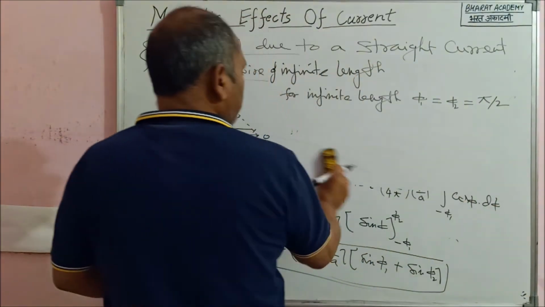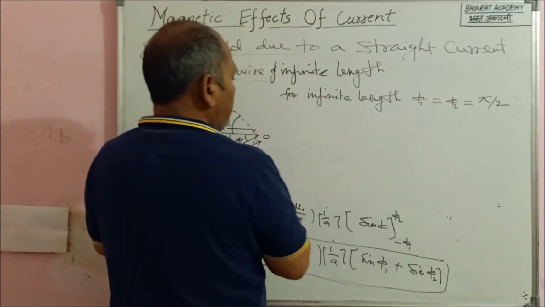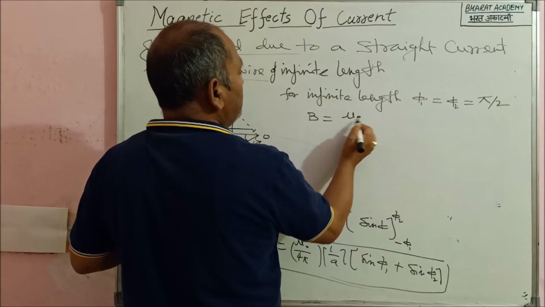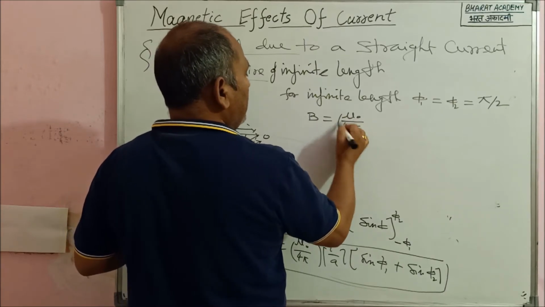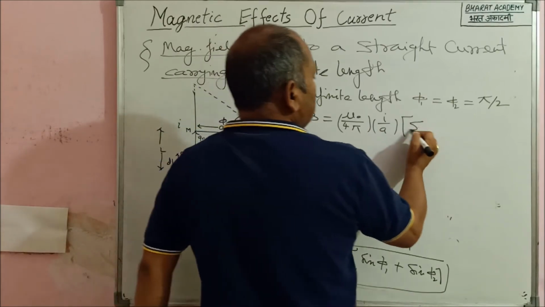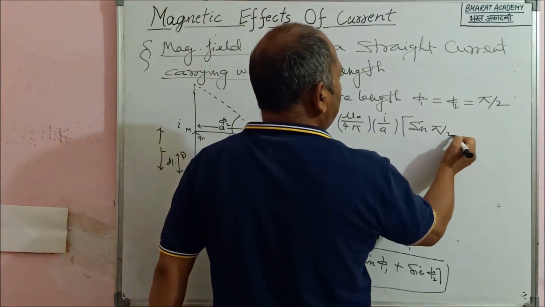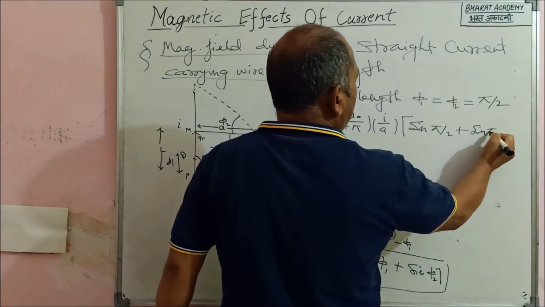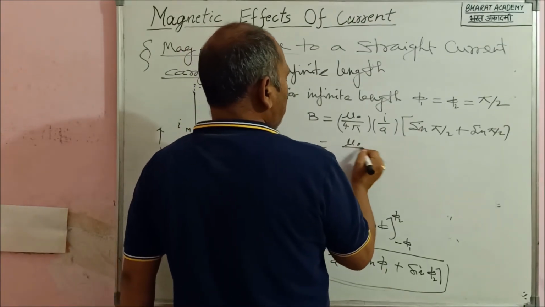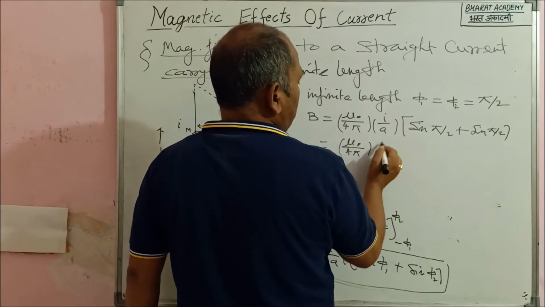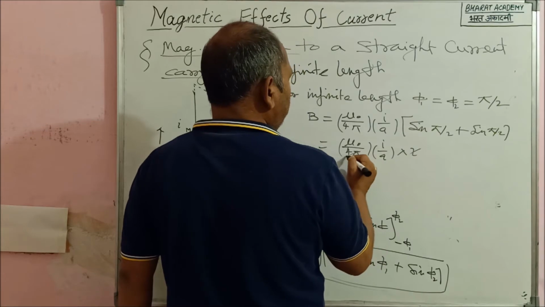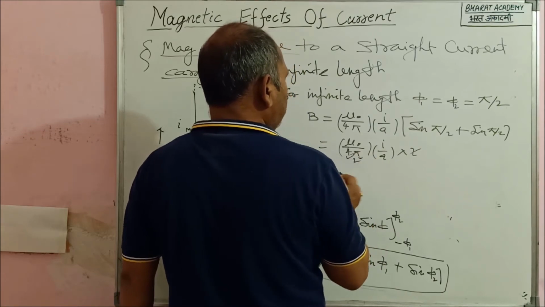So in that case, the magnetic field will become B equal to mu 0 by 4 pi I by A into sin pi by 2 plus sin pi by 2, right? So it comes out to be mu 0 by 4 pi I by A into 2.